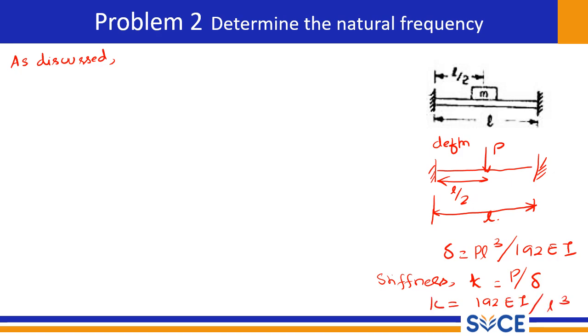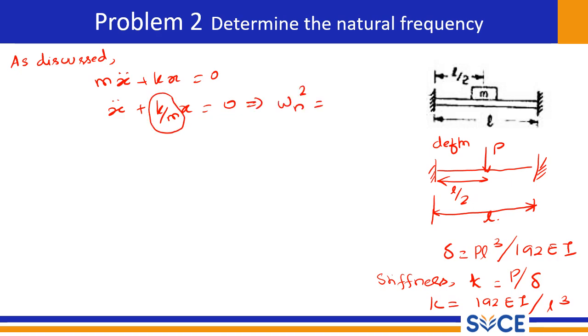Now let me take the same harmonic equation m x double dot plus k x equal to 0. That means x double dot plus k divided by m x equal to 0. Omega n square, that is the natural frequency squared, equals k by m. Once again, we can rewrite natural frequency as root of k by m. We have to keep this always in mind.